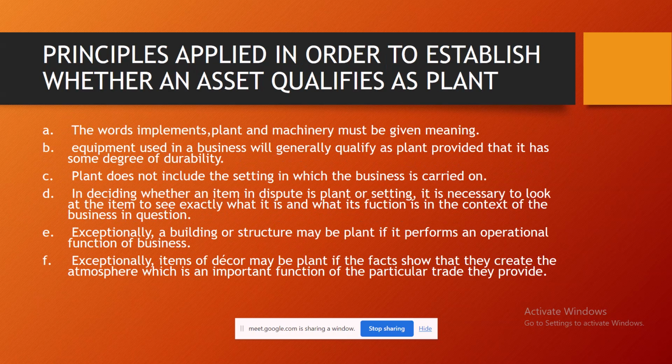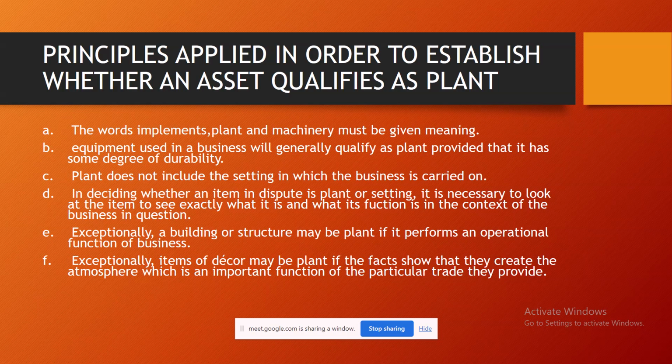Now, let's look at principles applied in order to establish whether an asset qualifies as a plant. There are certain points that need to be noted. These include: the words implements, plant and machinery must be given meaning. Implements are normally tools used in carrying out a task.